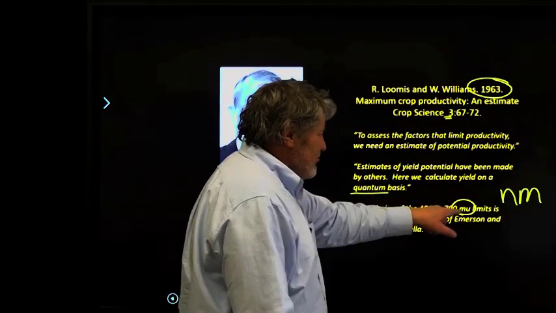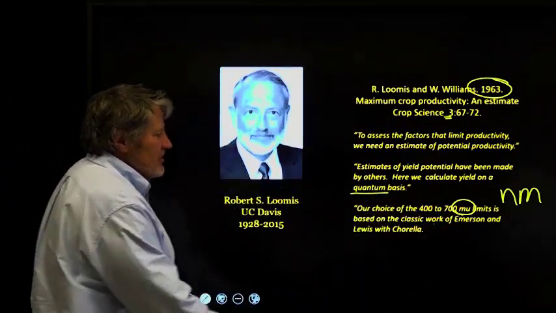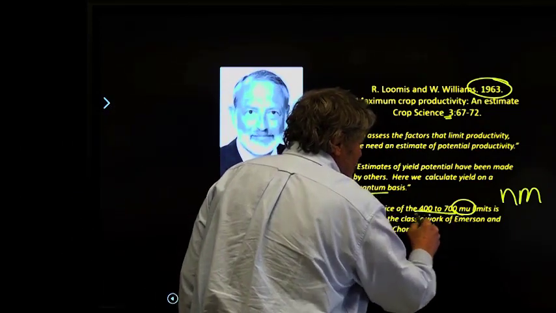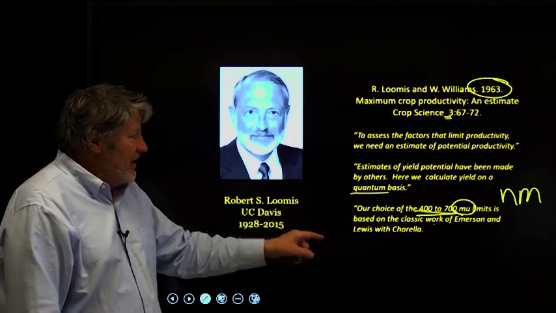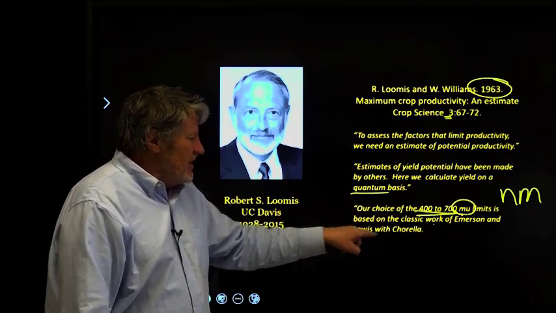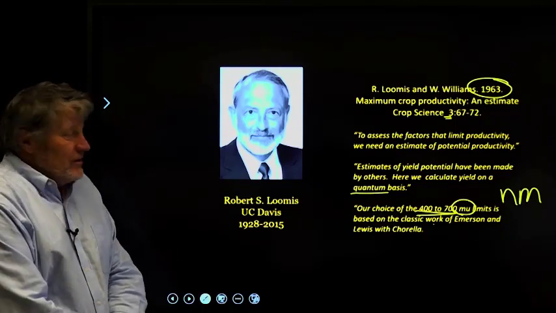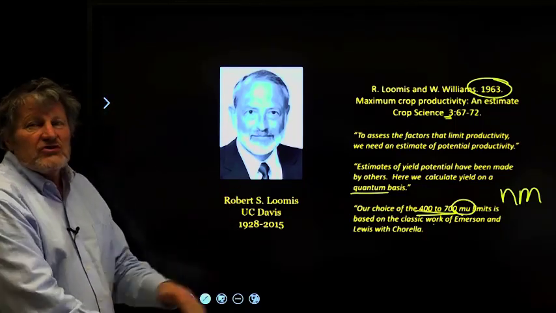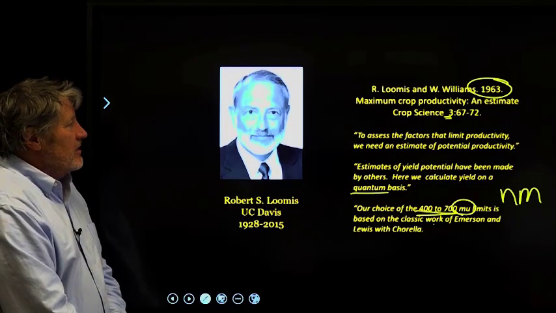We would never get a paper published calling it a millimicron. 400 to 700 nanometers. That's traditional photosynthetic radiation. We're going to come back to this in this seminar based on the classic work of Emerson and Lewis with Chlorella algae. So he's counting 400 to 700 nanometer photons.